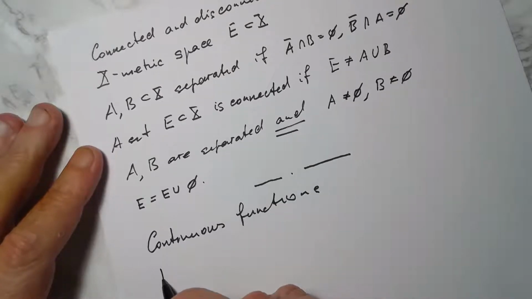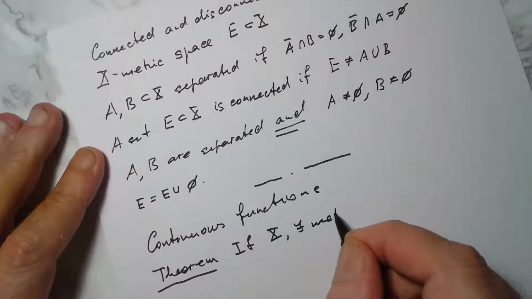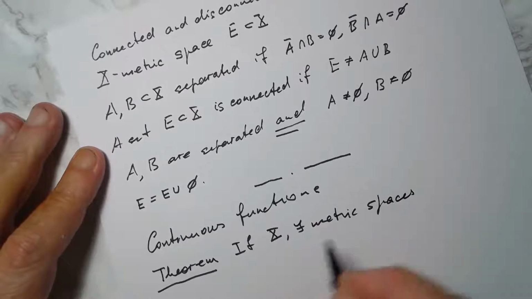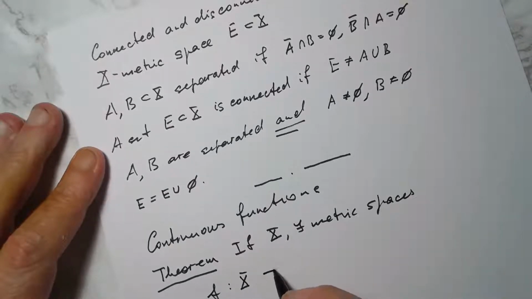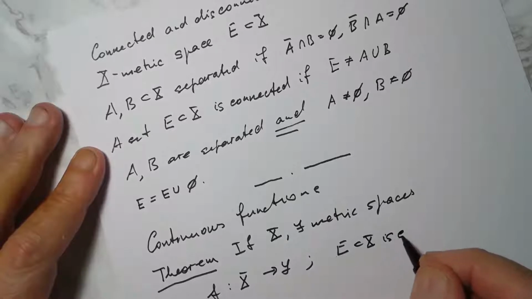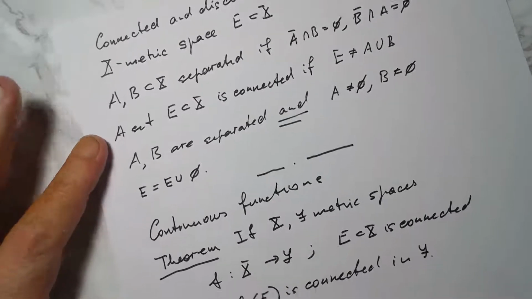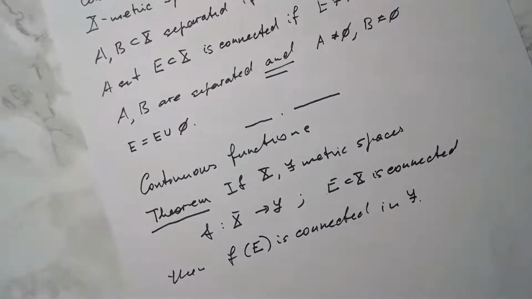The theorem here says that if X and Y are metric spaces, F is a continuous function from X to Y, and E in X is connected, then F of E is connected in Y. So this is the image of the set E in Y, and the image of a continuous function applied to a connected set gives you a connected set.